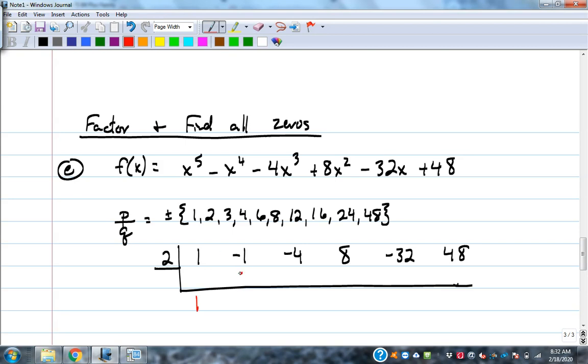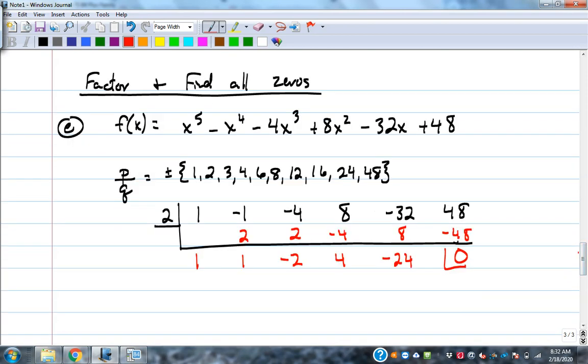So 1, 2, 2, negative 2, negative 24, negative 48. And there's a 0. No surprise. Now, because that graph bounced off the x-axis at 2, I know I can use 2 again, at least one more time.